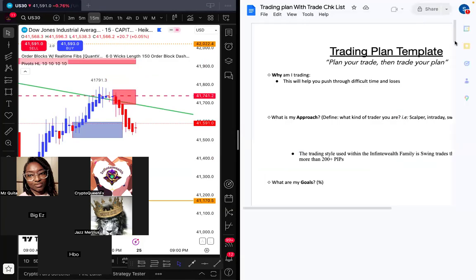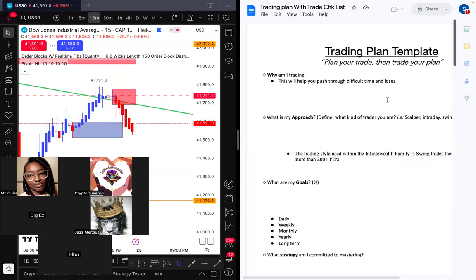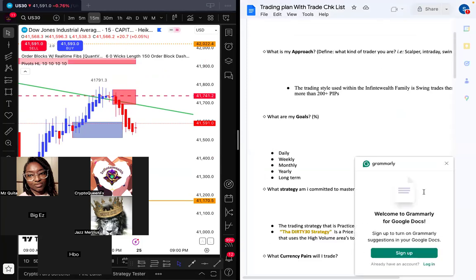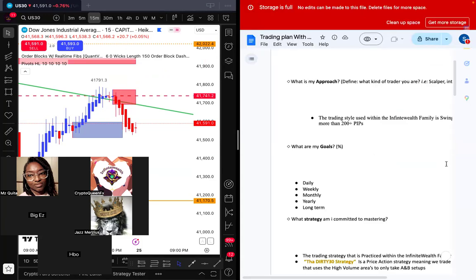So you can see the plan now, and you can see the chart.